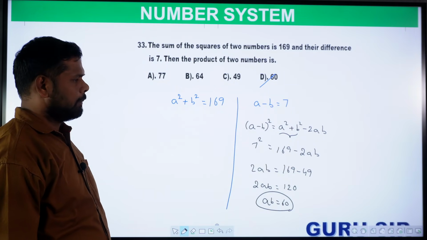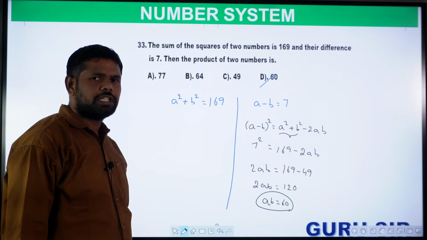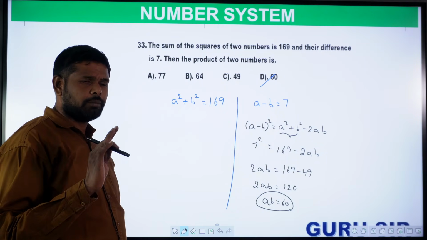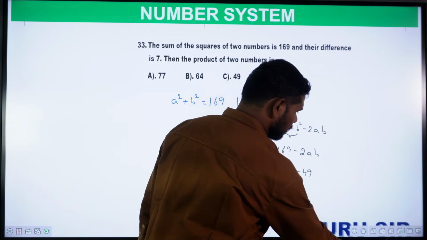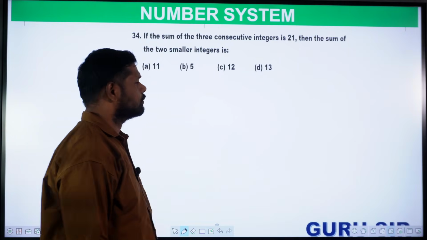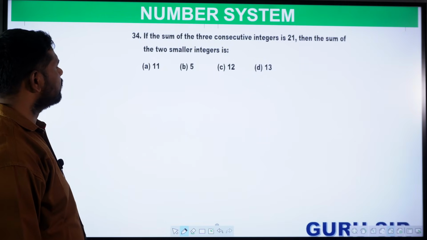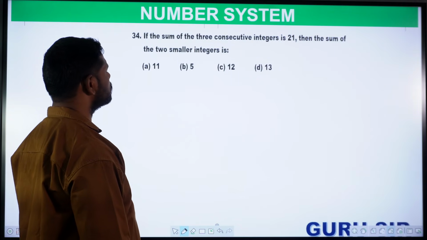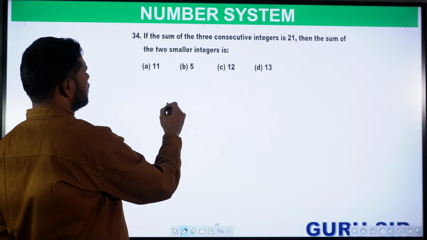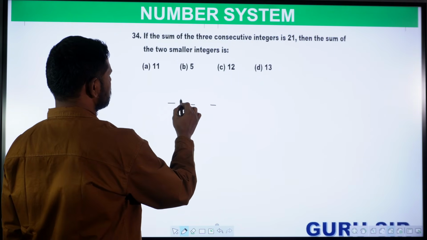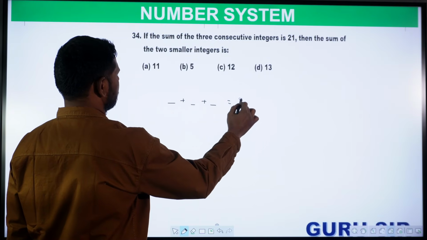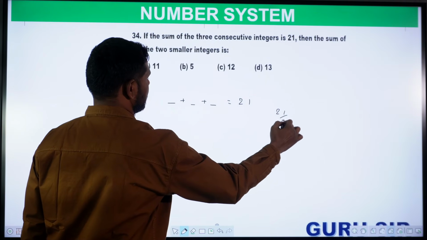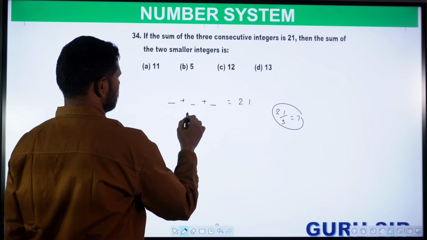Next one. Based on the question, we go for different methods to solve different problems. Sum of three consecutive integers is 21. Then sum of the two smaller integers. 21 divided by 3 is 7, the middle number.